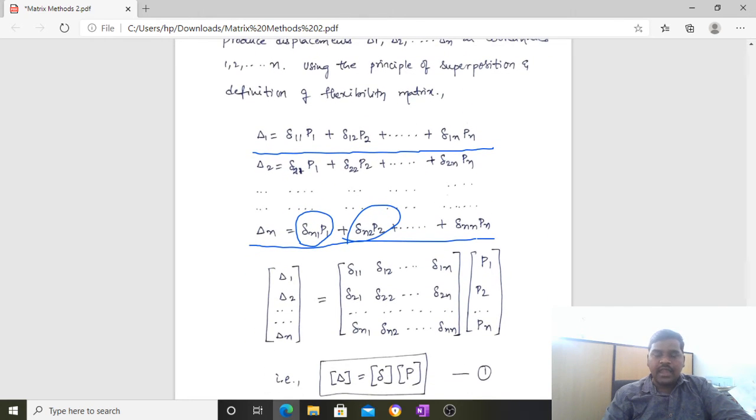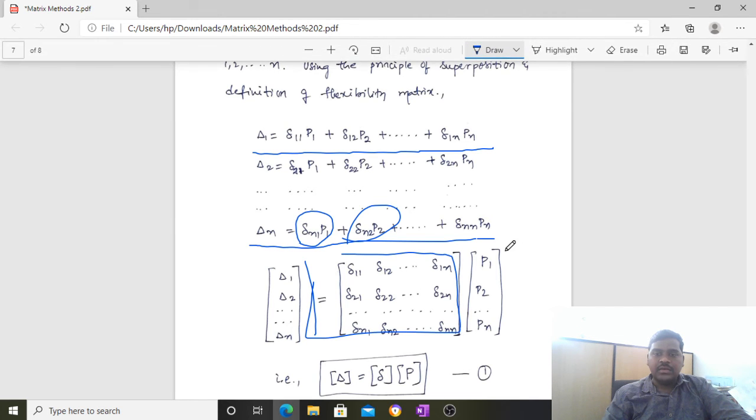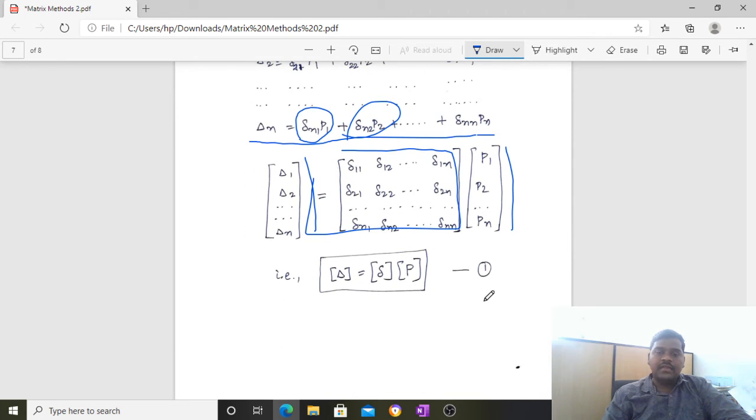If you write that into a matrix form, we get it in this manner. This is a single column matrix, and this would be a square matrix, and this is one more single column matrix. And delta is equal to delta into P, that is the product of the flexibility matrix and load matrix P.